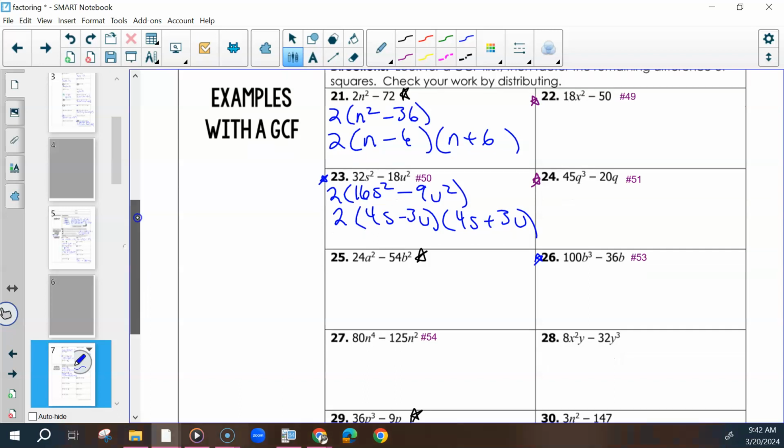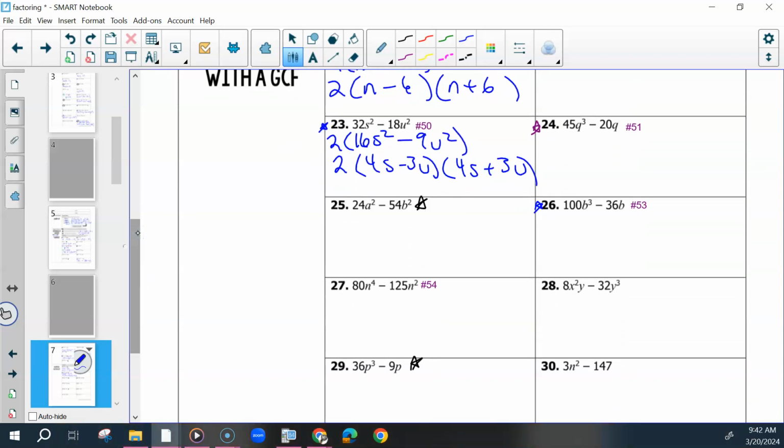We'll do one more and then any of you guys want to see, we'll go over. In number 24, what would that GCF be? Or does it have a GCF? 5. And because these exponents have odd powers, there has to be a variable included with that. So 5q.